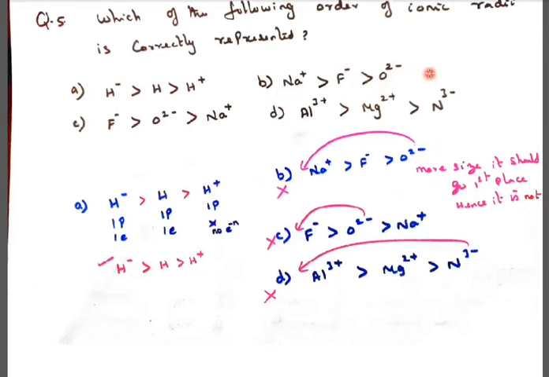So this is wrong. The second option is wrong because it is supposed to come in front. And here also the minus should come in front. This is also wrong. But in the C option, 2 minus should come in the place of F-. So even the C option is also wrong.